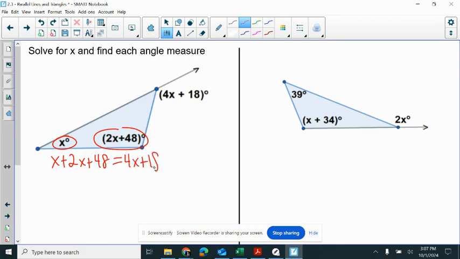Then you could solve for x and plug x back in to solve for the missing angle. In this other one, the two remote interior angles, 39 plus x plus 34, equals the exterior angle 2x. Then again, you can just solve for x and then plug it back in to solve for the missing angles.